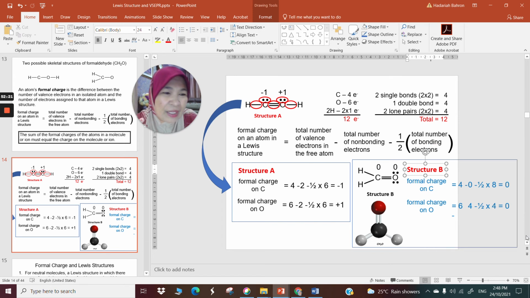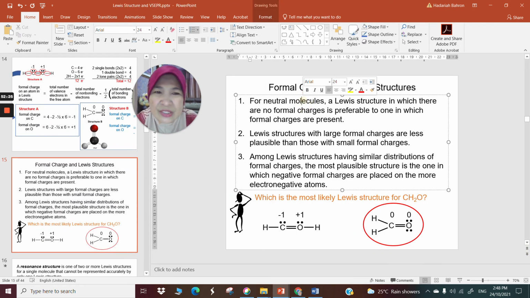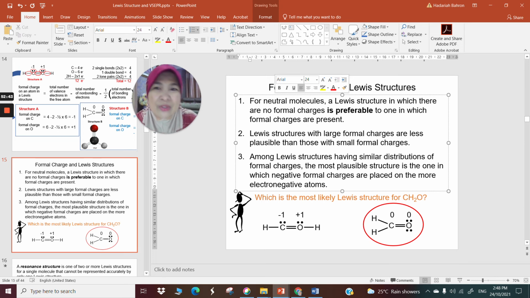Now, I'm going to introduce you the concept of formal charges and Lewis structures. For any neutral molecule, a Lewis structure in which there are no formal charges is preferable. When there are no formal charges, that means 0, for a neutral molecule, remember, you do not want to see any charges.